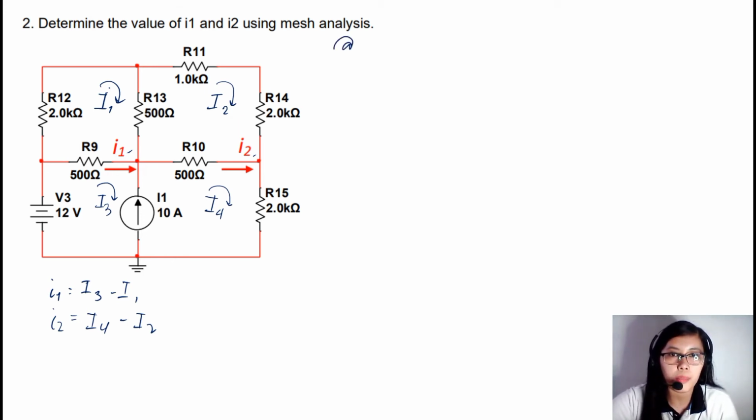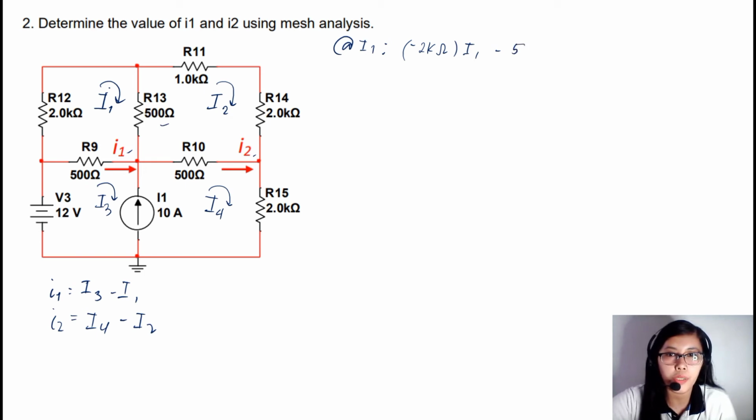At I1, let's consider all the current that is in this mesh. So we have negative 2 kilo ohm times I1, minus this one, 500 ohm.